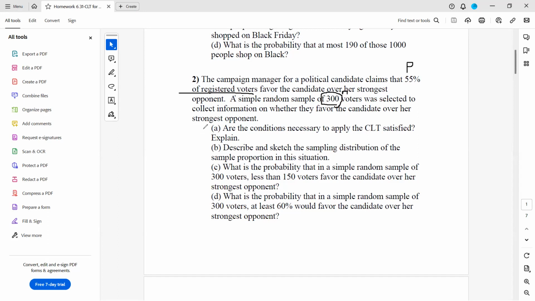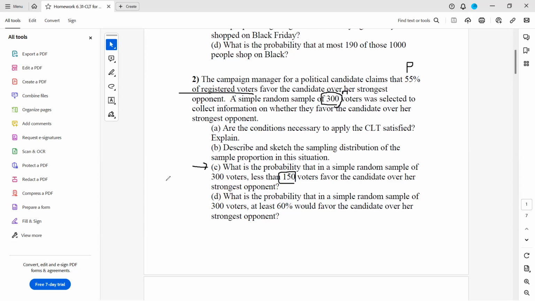After you get through A and B, the conditions, after you prove all that, when you get to C, it says, what is the probability that in a simple random sample of 300, less than 150? Now, did they give you a proportion here? 150. Okay, but that's not a proportion by itself.